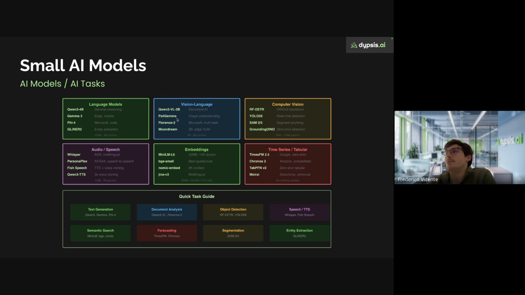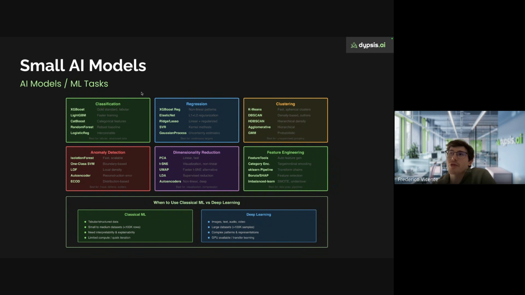In computer vision, you also have, for example, these two models that are very new, which are YOLO26 and RF-DETR. But as you can see, this is quite a big list. You have a lot of these smaller models already, helping solve very different kinds of problems.